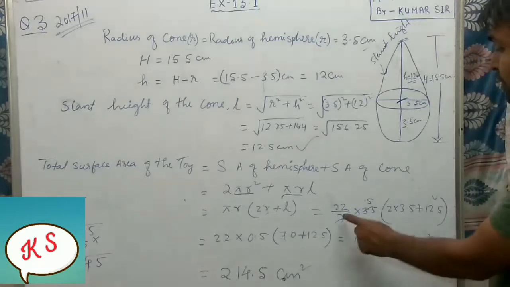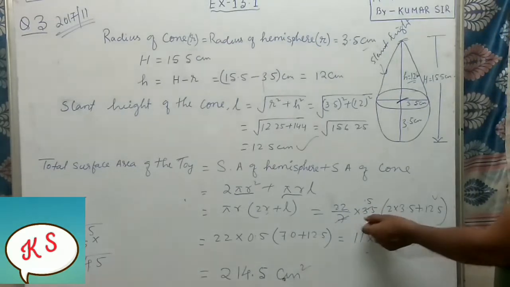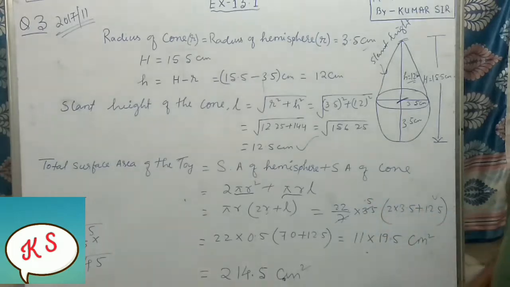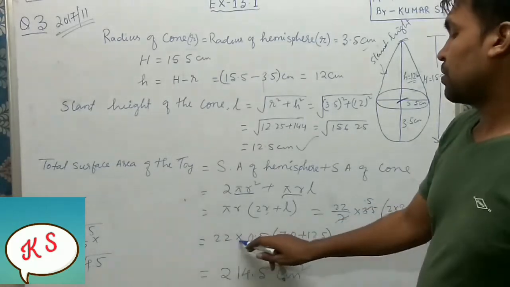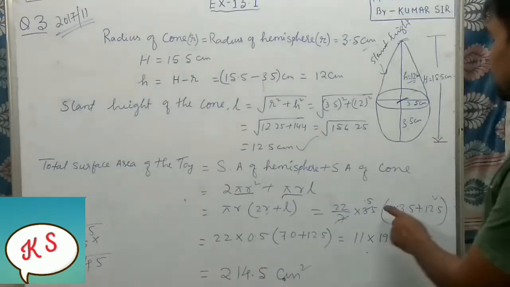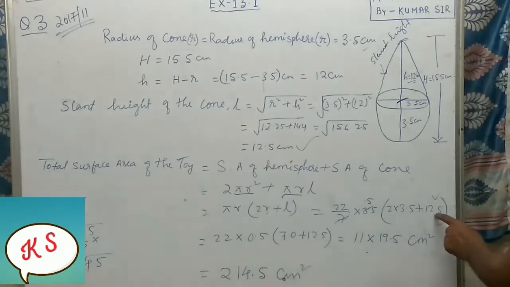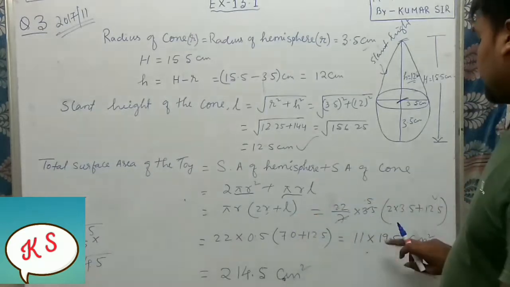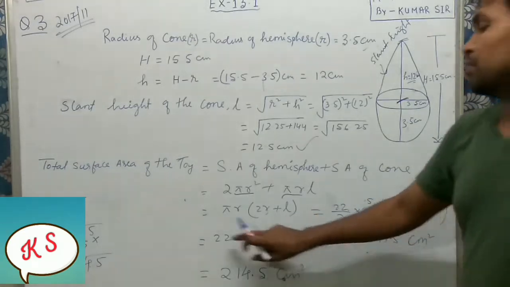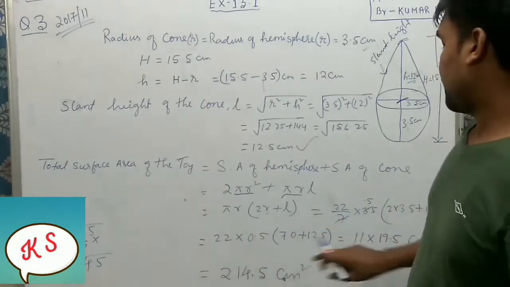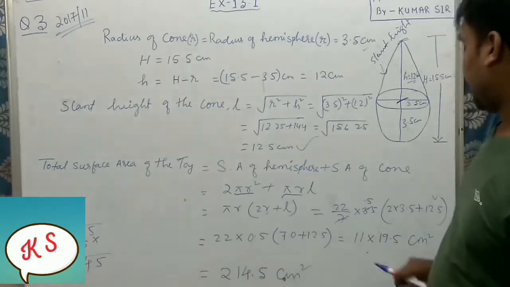After that, 7 5s are 35, so this 3.5 becomes 0.5. So 22 into 0.5, and these two multiplied give 7.0, plus 12.5. When you add it up, it comes to 19.5, and this multiplied gives 110. The decimal is one place, so it will be 11.